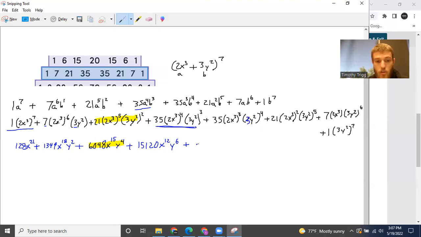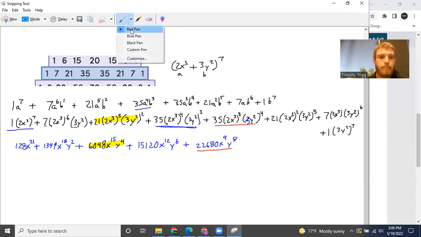So that gives us 22680 x to the power of 9, y to the power of 8. All right. Once again, there was this one that gave us this one. Okay.